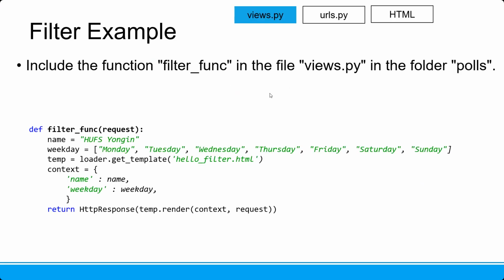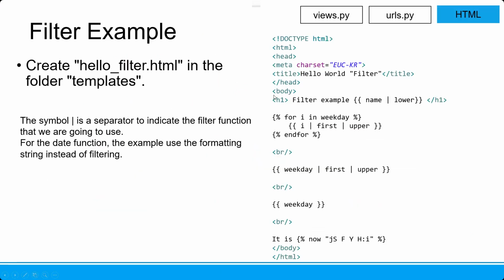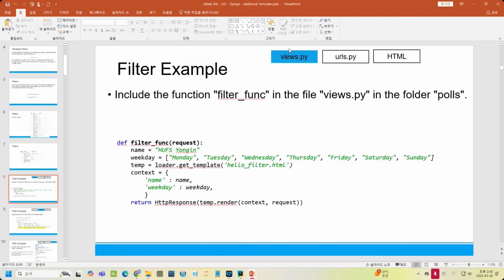Now let's just make a very simple function. So there are 3 files: views, URLs, and HTML.